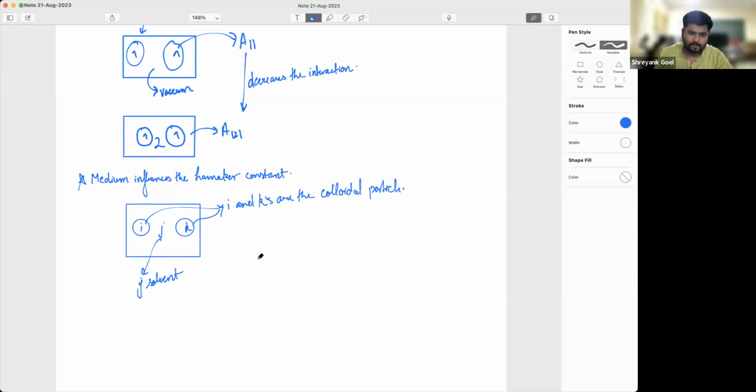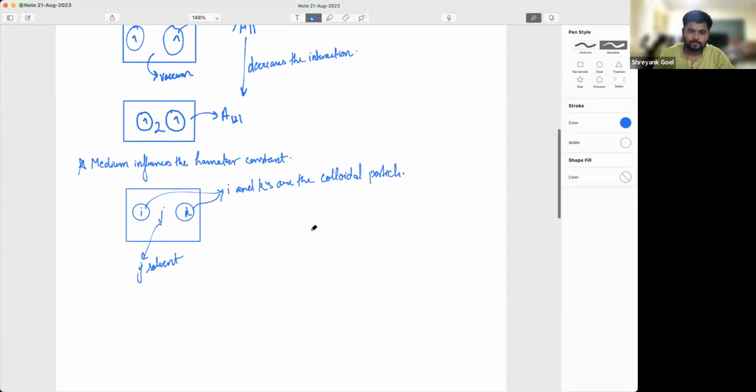And we have to find out the interaction. In the lecture, it is already defined. If it is 1, 2, 1, then it is derived as A11 to the power half minus A22 to the power half.